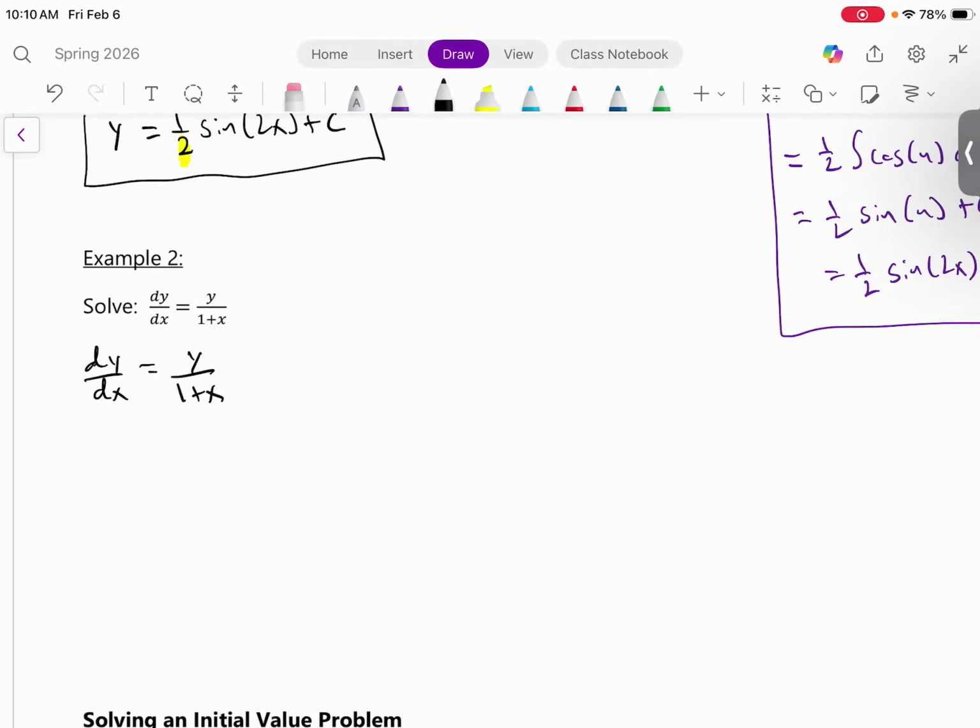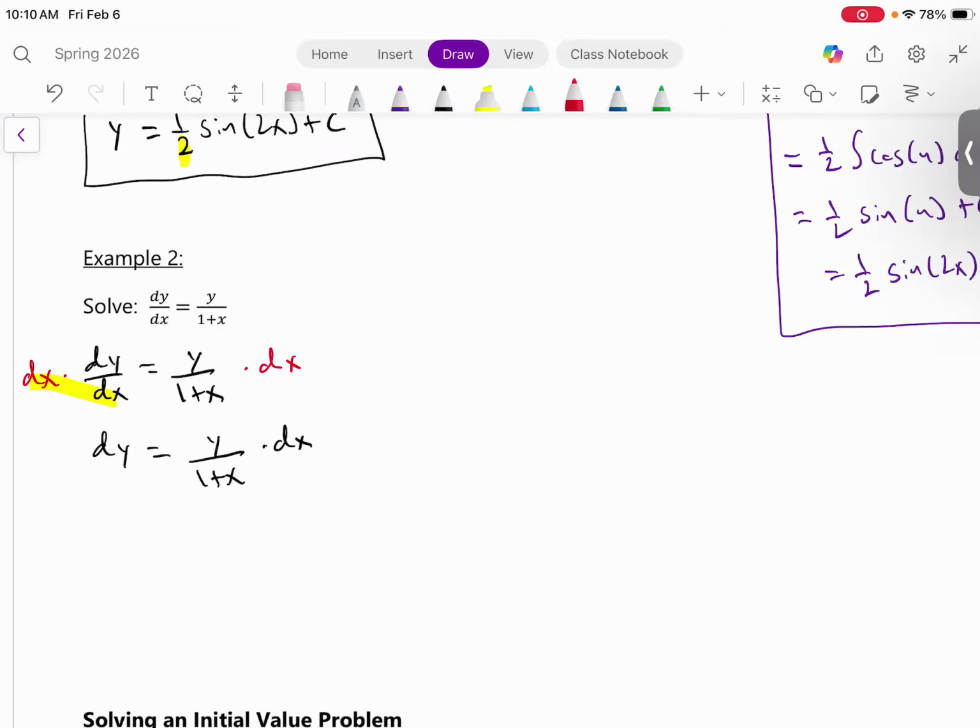What I would do is isolate the dx, so I'm going to multiply dx to both sides. And so I would have dy equals y over 1 plus x times dx. Then what I would do now is divide by y on both sides to get it to the left-hand side.